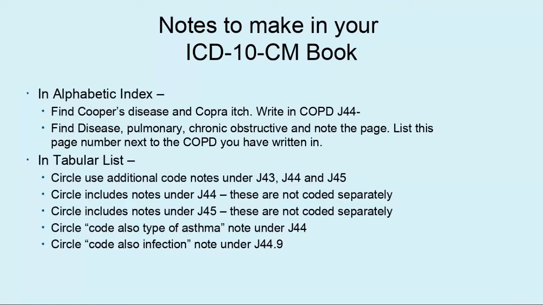Do I code this separately? Is this included? Circle also the code also type of asthma note under J44. And then circle the code also infection note under J44.9. So the information is in your book. It's just confusing, and if you do it this way, it will save you some time.